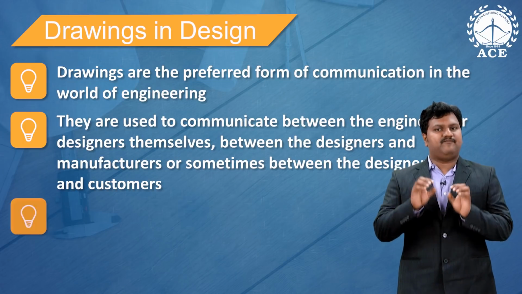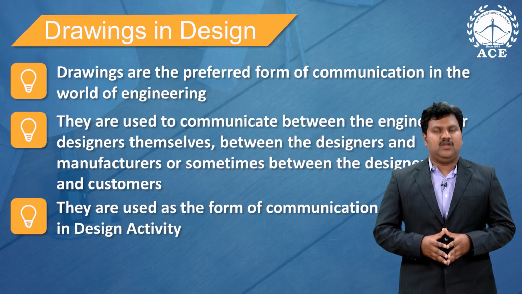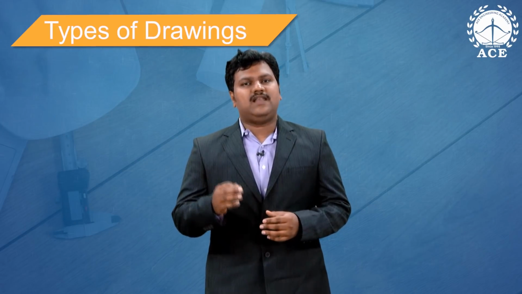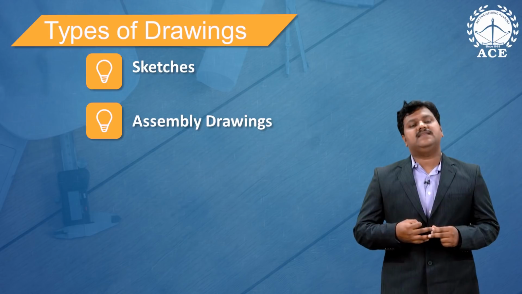They are used as a form of communication in the overall design activity. Now these drawings are broadly classified into 3 different types based on the stage at which these drawings are built. These drawings can be called sketches, assembly drawings, and the third one is detailed drawings.